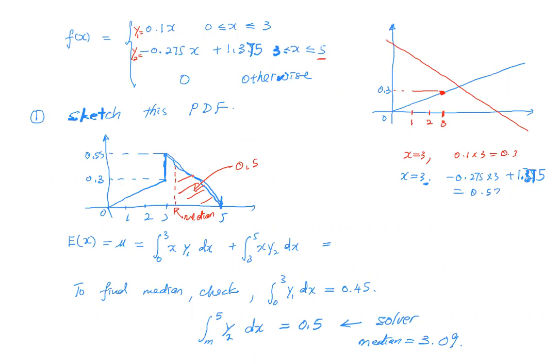Miss, what's the proper way to interpret that? You will say that 50% of the value is more than 3.09 and 50% of the value is less than 3.09. That is how you interpret median. Okay?